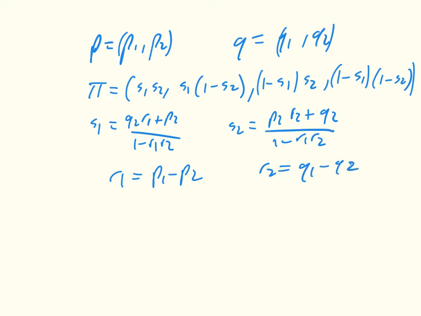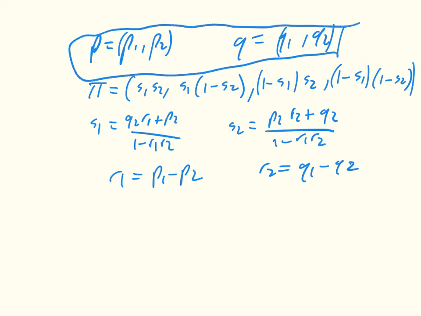Okay? So if we have two players doing this, then the probability of us being in CC is given by this, the probability of us being in CD is given by that, DC by this, and DD by that, where these are just there for notation. So all these things are functions of P1 and P2, Q1 and Q2, but we just introduced this for notation.